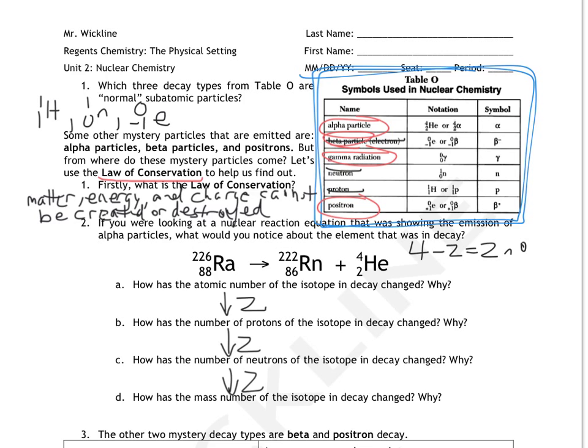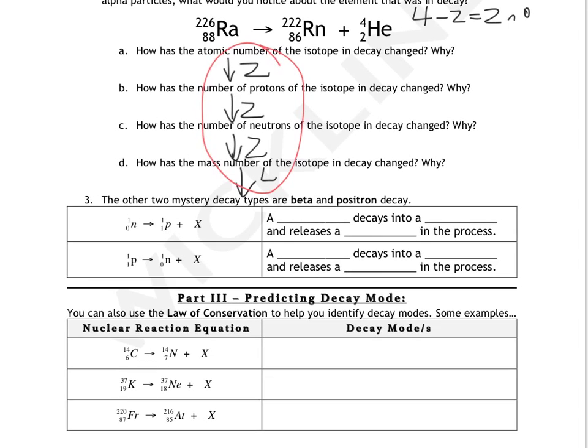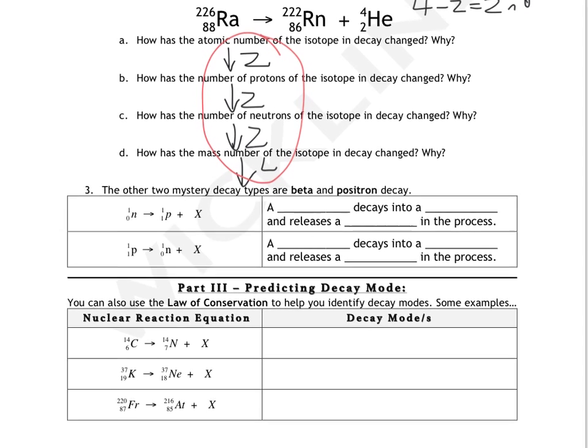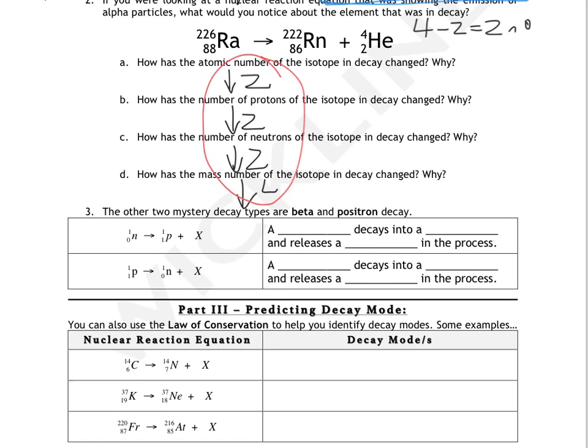And then lastly, how was the mass number? How did that change? Just look at it directly, 226 to 222, that's a decrease in 4. So all of these things that I'm circling in red are hallmarks of alpha decay that you should know, you should be really familiar with, and you can cite at a moment's notice.